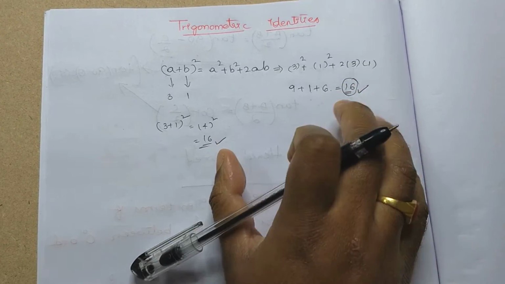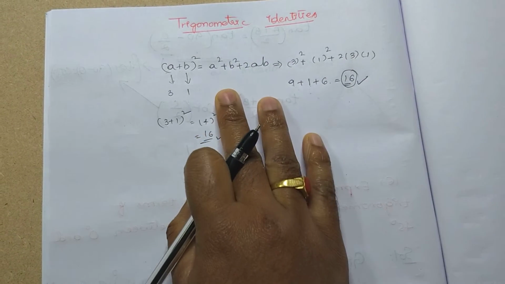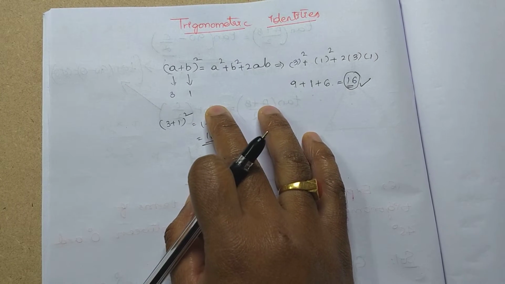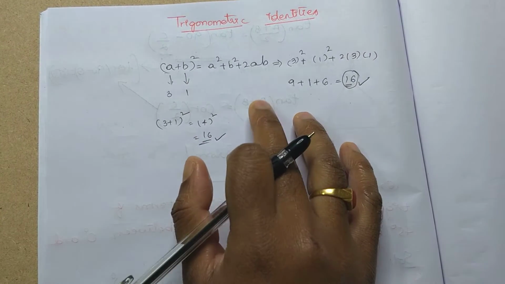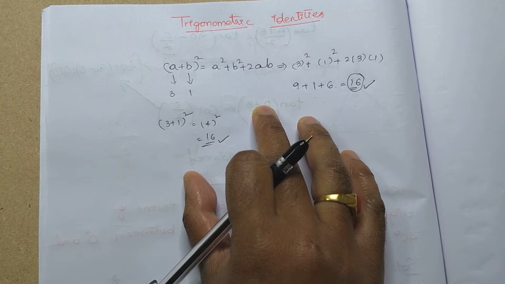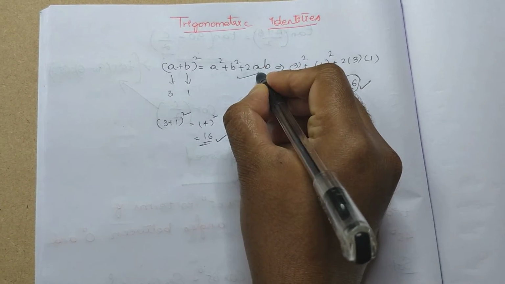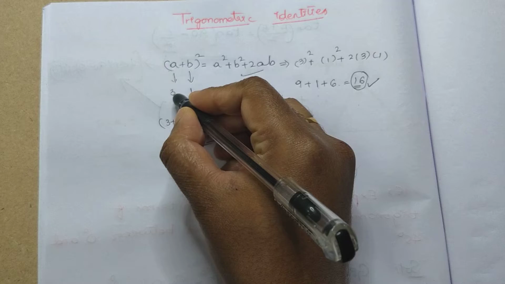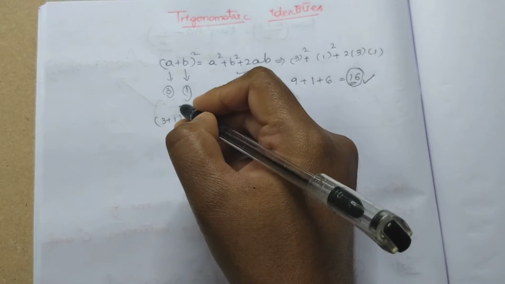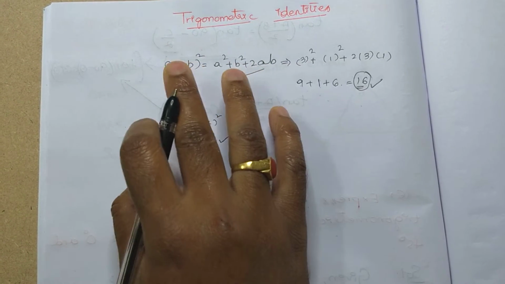Okay. So what is meant by identity? It is a mathematical equation which is true for all the values of the variables in the equation. Whatever value you take here, I have taken 3 and 1, instead of that, whatever value you take, this equation remains true.